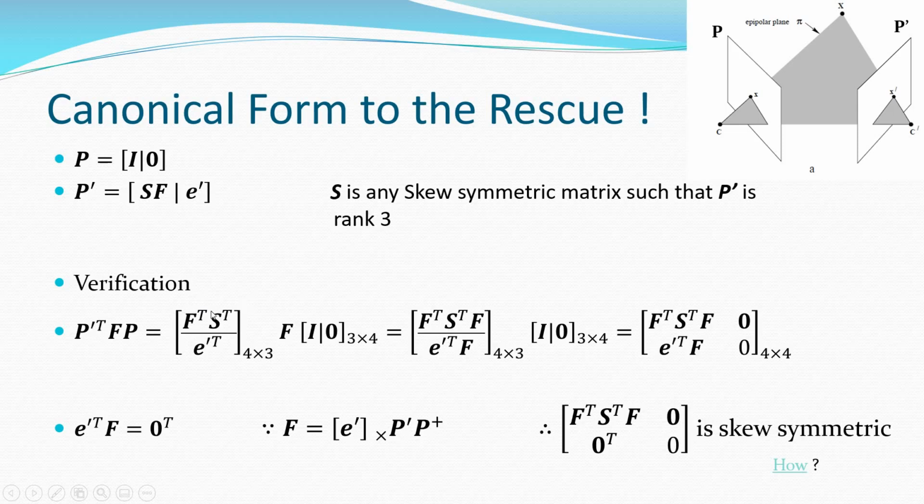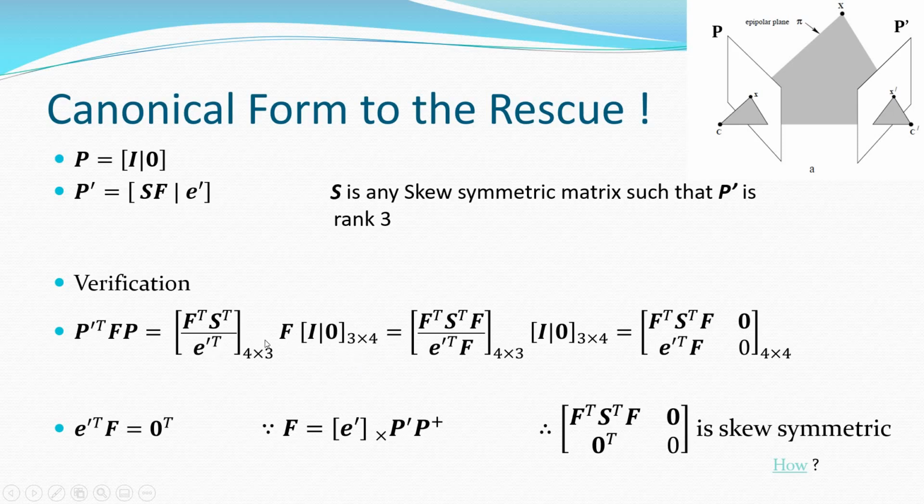This is a 3 cross 3 matrix and this is a 1 cross 3 row vector. This was a column vector, so this E is a vector like this, and this is a 3 cross 3 matrix. So here we have a 4 cross 3 matrix. This is F, our fundamental matrix, and this is I0, a 3 cross 3 identity and a vector of 0 0 0.